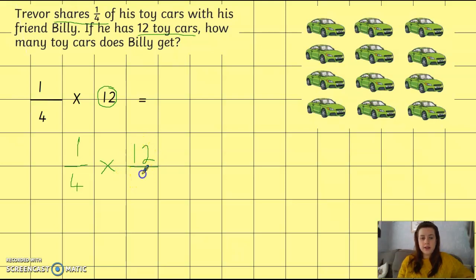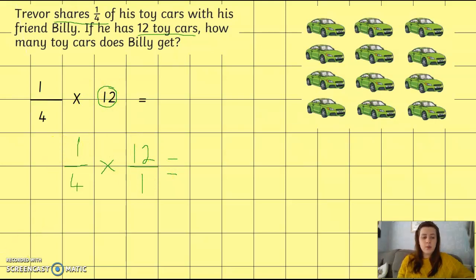So 12 wholes is the same as 12 over 1. And that's just a rule that we have. Because we know that 1 is 1 whole, and we've got 12 whole cars, so we've got 12 over 1. So we just take this whole number and we put it over 1 because it's wholes.